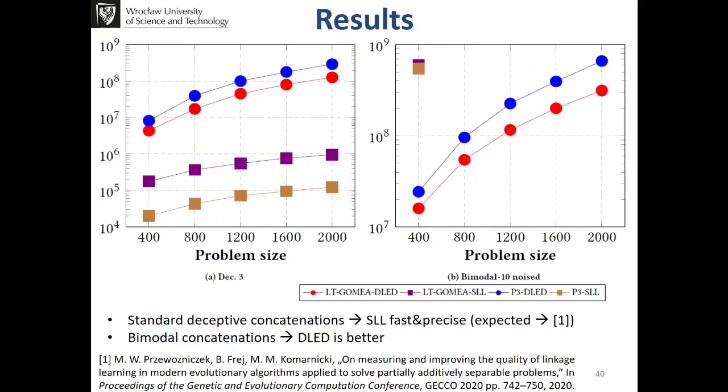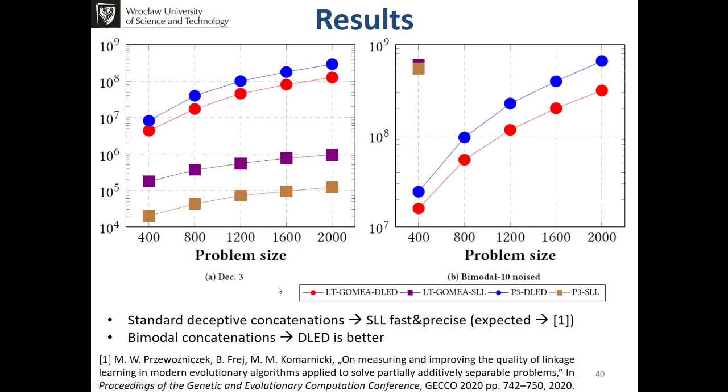So here we have some results. The red line with a circle is the Eltigomia. The purple line with a square is Eltigomia SLL. The red line is with DLED, and again P3 with DLED is the blue line, and P3 with SLL, the original version, is the brown line.